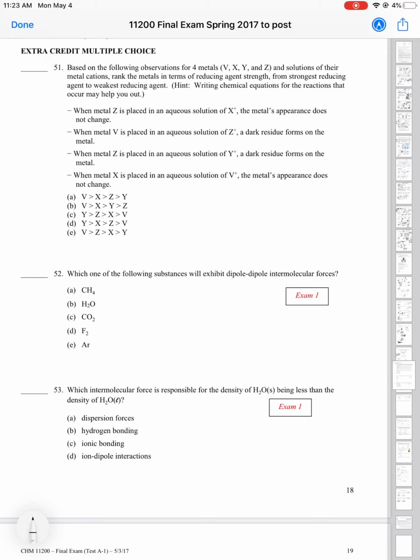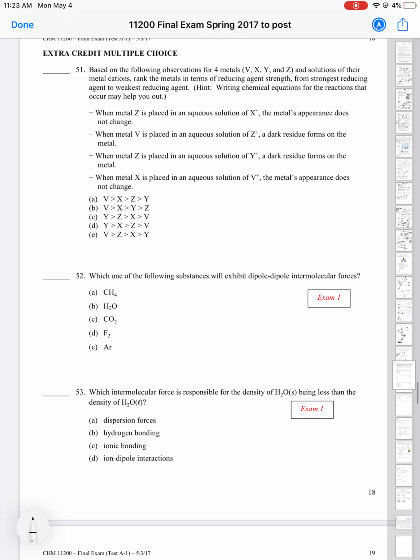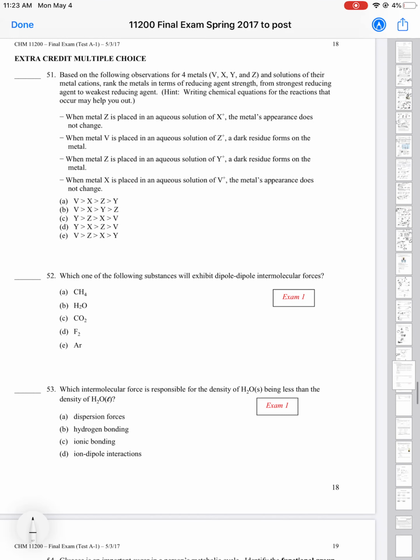Extra credit. So based on the following, so this is where we're strongest reducing versus weakest oxidizing, etc. So when Z is placed in solution of X plus, there's no change. So we know that X is going to be a stronger reducing agent than Z, right?